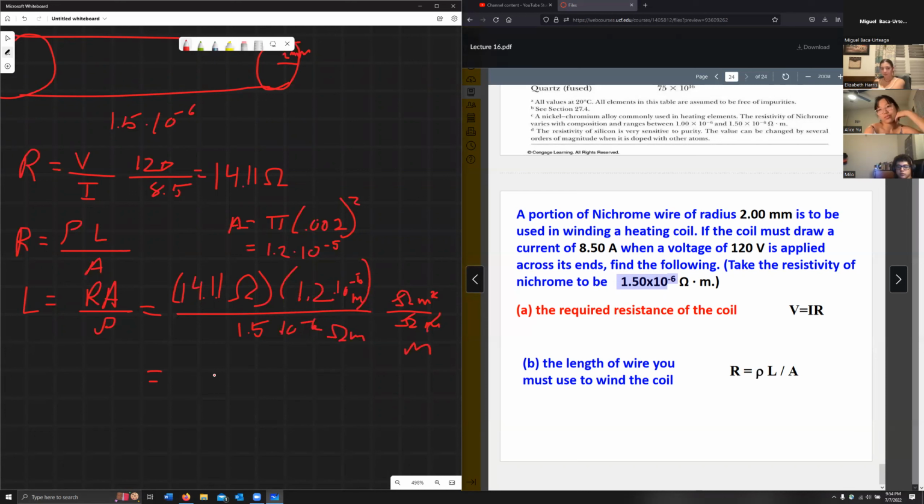So let's plug it in. We get 14.11 times 1.2 times 10 to the negative 5, divided by 10 to the negative 6. This is a length of 112.88 meters.